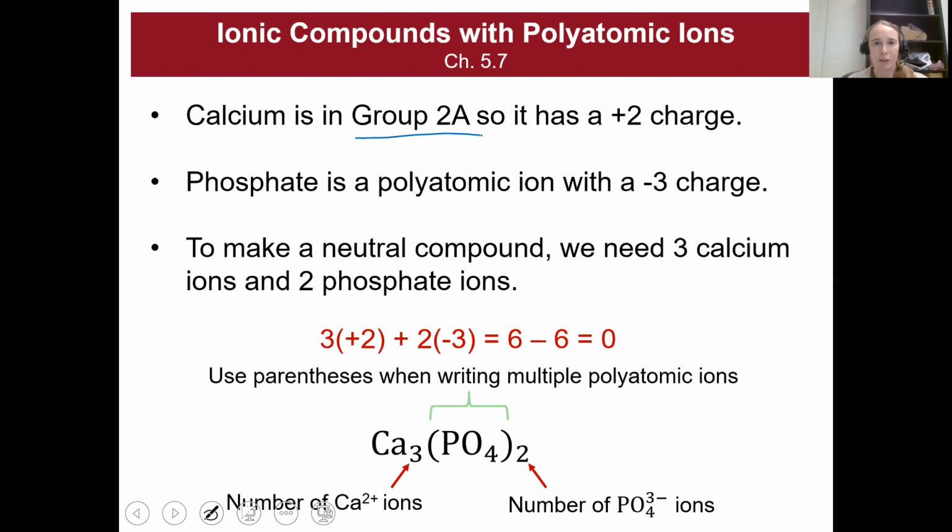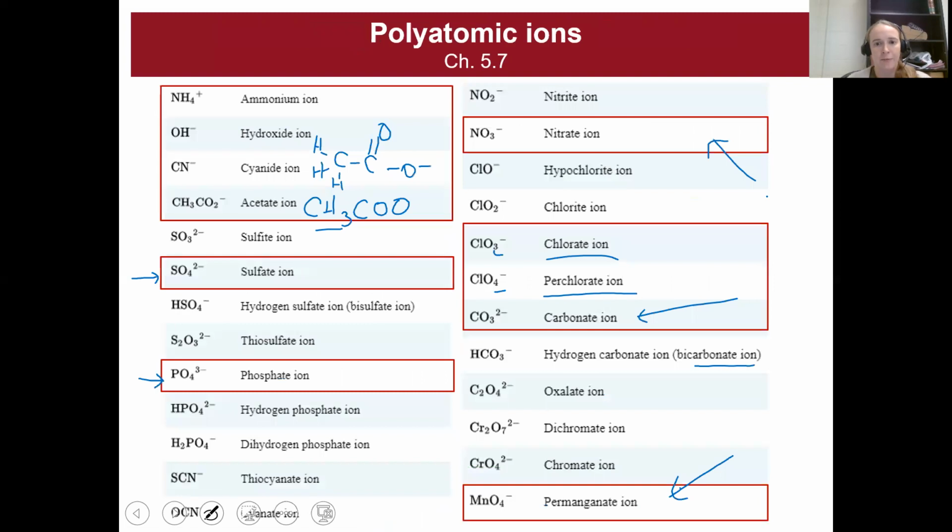So how do we know that this is the right formula for calcium phosphate? Calcium is in group 2A, or 2, as we write it now. So that means it has a +2 charge, as we see down here. Phosphate is a polyatomic ion with a -3 charge. So you're just going to have to memorize those, unfortunately. So I'll go back to that slide.